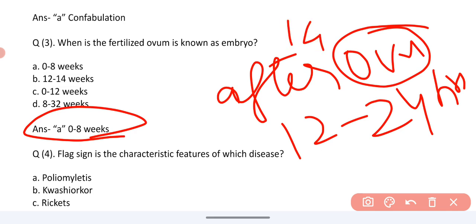So after ovulation, within 12 to 24 hours, the fertilization process will take place.